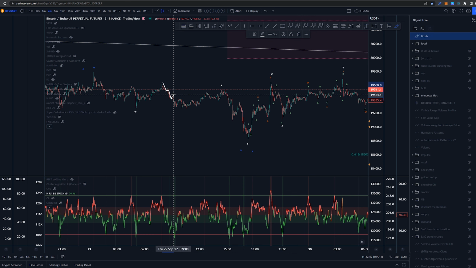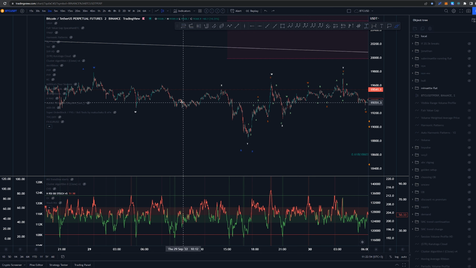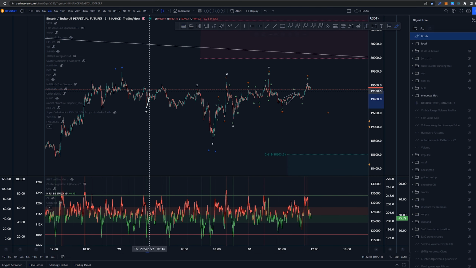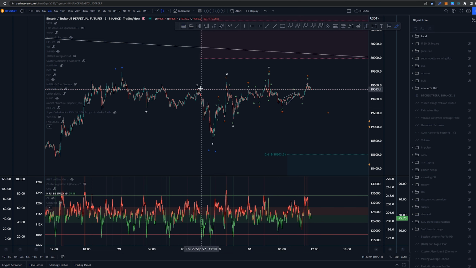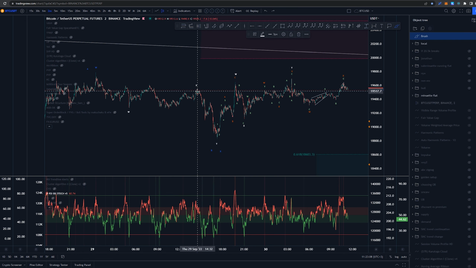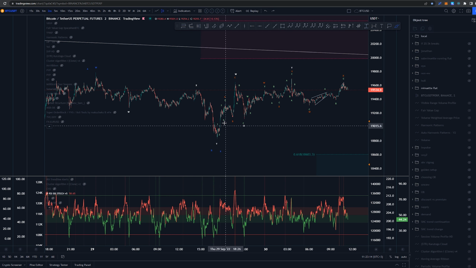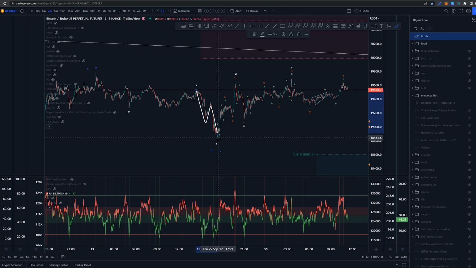I feel like this is some kind of combination correction. ABC in here, pullback, and some kind of flat structure in here, creating a WXY down here. So three waves, and then some kind of three-wave structure in here into X. Why I placed X here is just because of the next structure basically coming down. This is pretty good looking five waves, three waves, five waves, creating an ABC between these X and Y, ending the count down here.